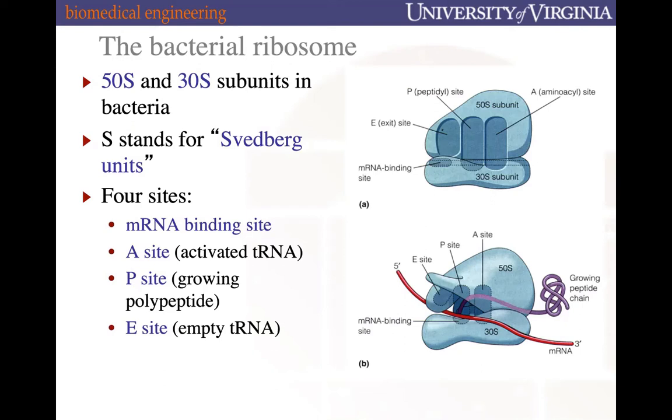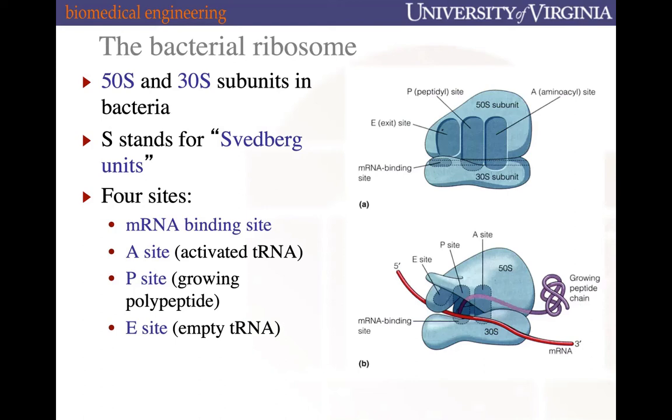And so with our ribosomal units, we have a few different sites that are important for us to keep in mind. We have the mRNA binding site that exists on the small subunit. And then within the larger subunit, we have the A site, the P site, and the E site. The A site is where the charged tRNA comes in and is sampling the codon, trying to assess whether it's the right match.